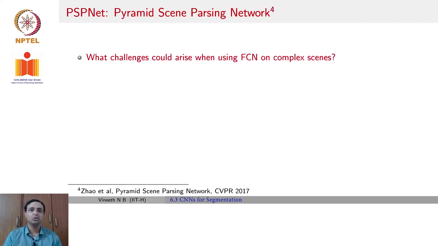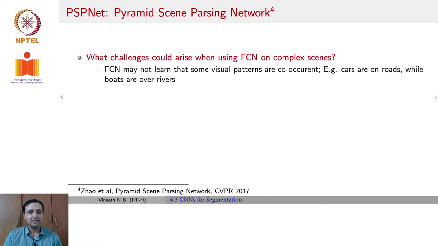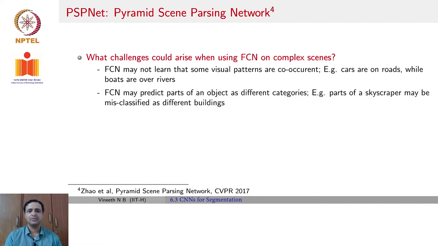Another network used for segmentation is known as the PSP-net. And the PSP-net starts by asking the question, what challenges could you face if you applied FCNs on complex scenes? If you think deeper, you would notice that FCNs do not learn patterns that are co-occurrent. For example, we know that cars are on roads while boats are on rivers.